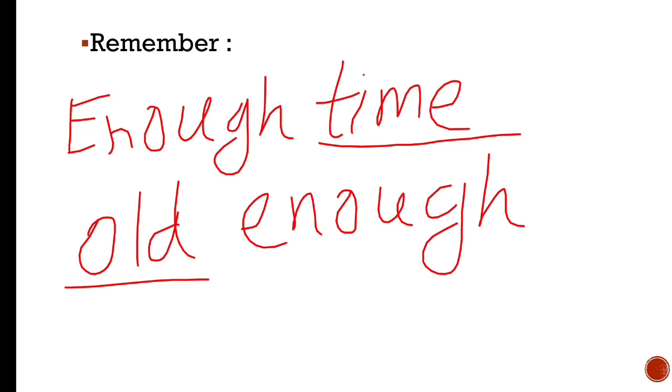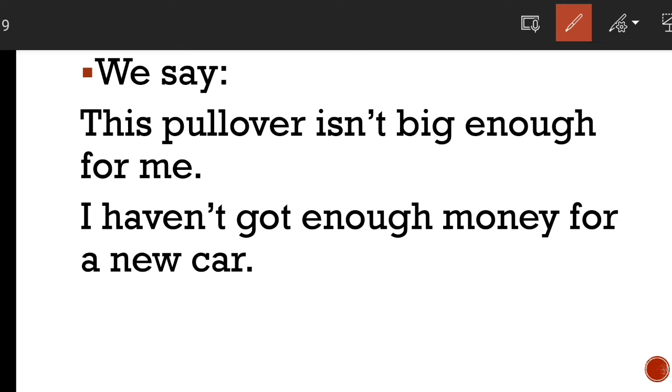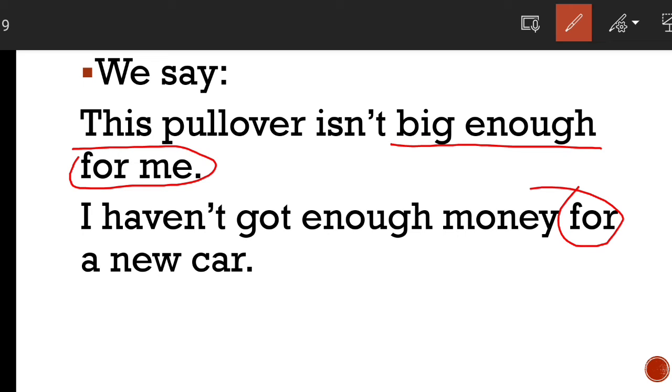Now let's know other expressions of enough. We say, this pullover isn't big enough for me. Big enough for me. Then, I haven't got enough money for a new car.